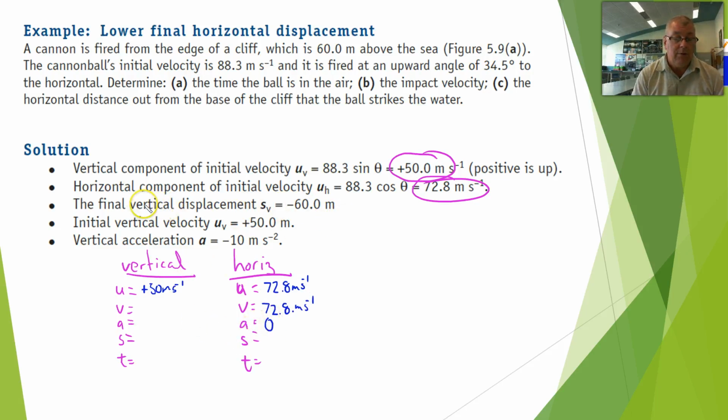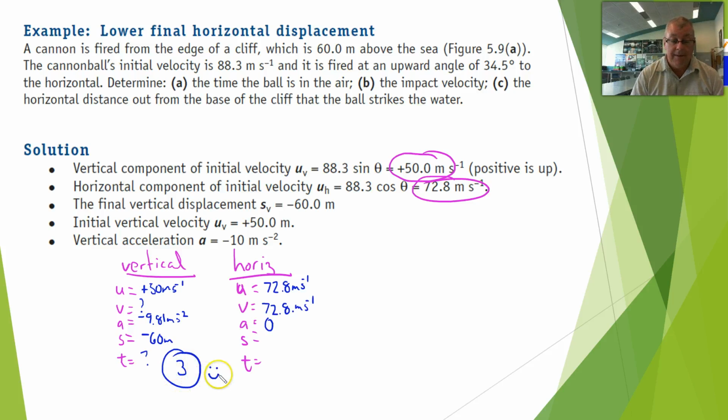What else do we know? We know the final vertical displacement is going to be minus 60 meters, which is important, that minus. The acceleration, now they're going to use minus 10, but if we were to do it, we'd use minus 9.81 meters per second to the minus 2. And we don't know the time, and we don't know the final velocity.